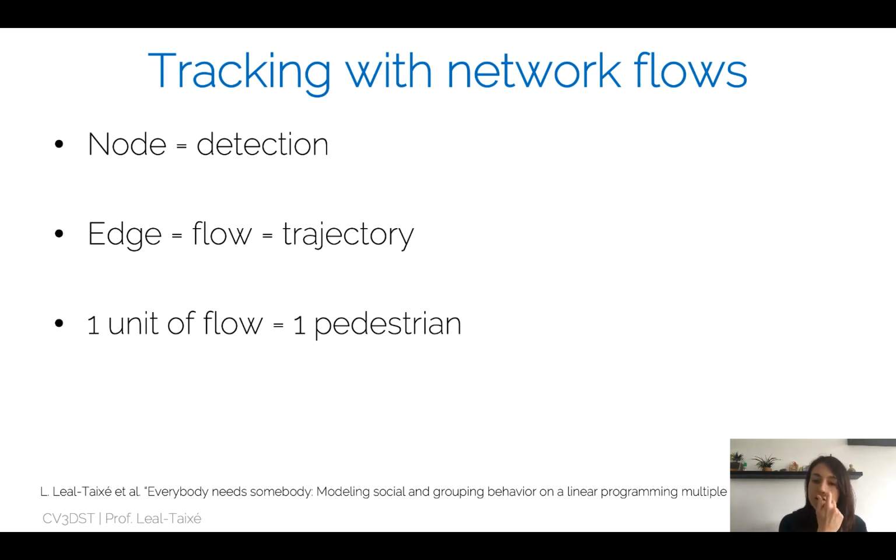So this is essentially the family of solvers that we're going to use to actually find these trajectories in the graph. And in this notation, one unit of flow would represent one pedestrian and would represent the connections that we make from the beginning of the graph towards the end of the graph. So you can imagine it as sending one unit of flow from the beginning of the graph towards the end of the graph, and that represents one pedestrian. So if I'm sending 3 units of flow through my graph, it means that I have 3 pedestrians in my scene.